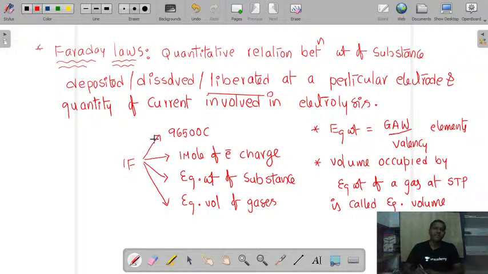If you are familiar with these terms, we can easily calculate numericals based on Faraday laws.